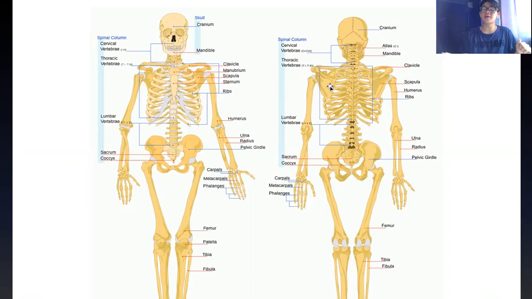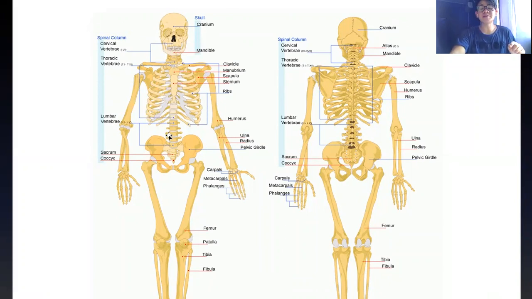So what else should you know? You should know about your breastbone or your sternum. You can see here you've got your ribs, so these are your ribs.